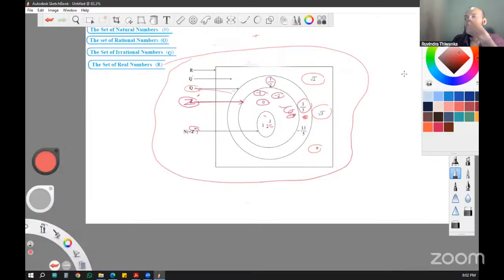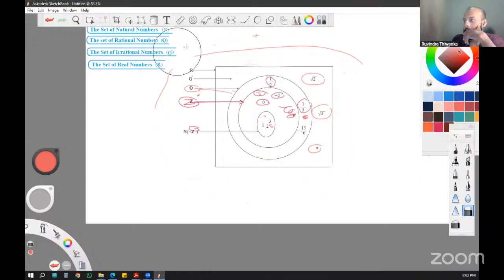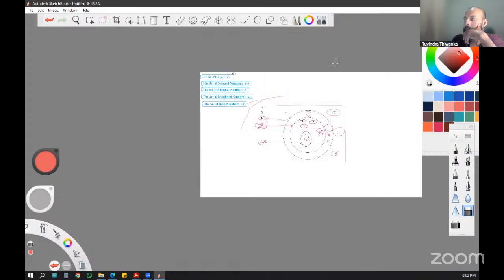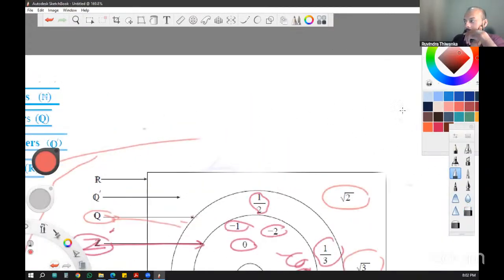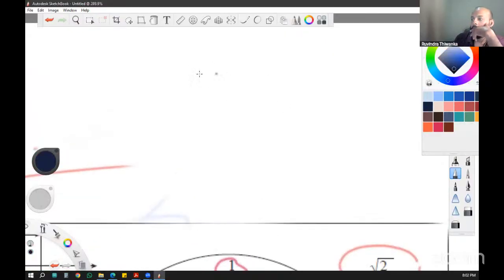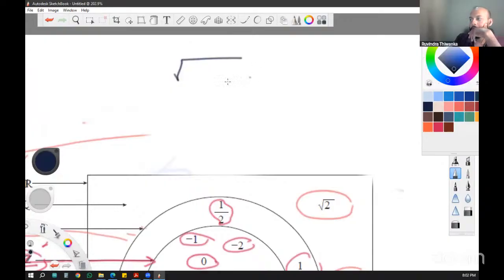Okay, a part of this one, there is something we should look at. We have real numbers and there should be some values. Think like this. You can find the square root of 4 and it will give you 2.